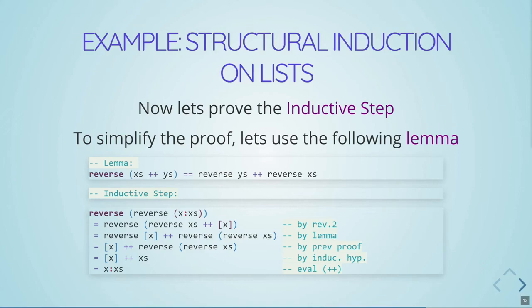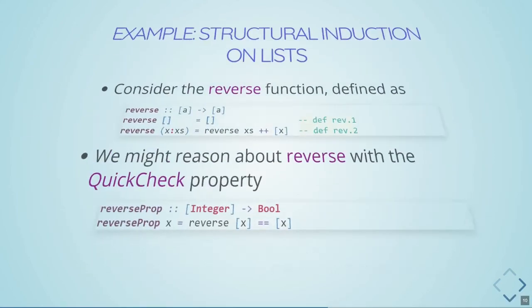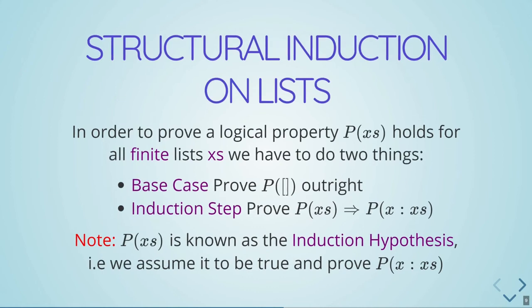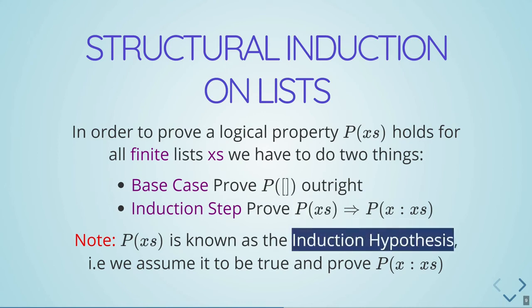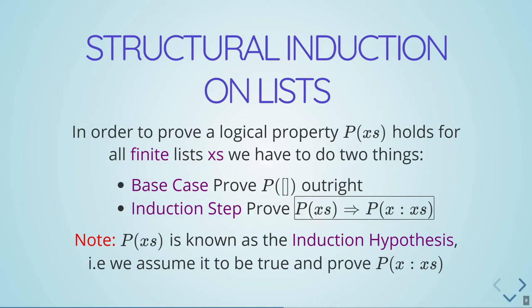To get started here, keeping in mind what the inductive step is, we have to prove P of x colon xs. And we have just P of xs as our induction hypothesis, known to be true.